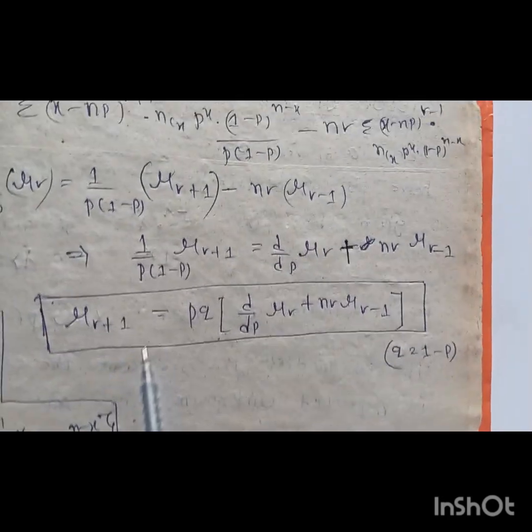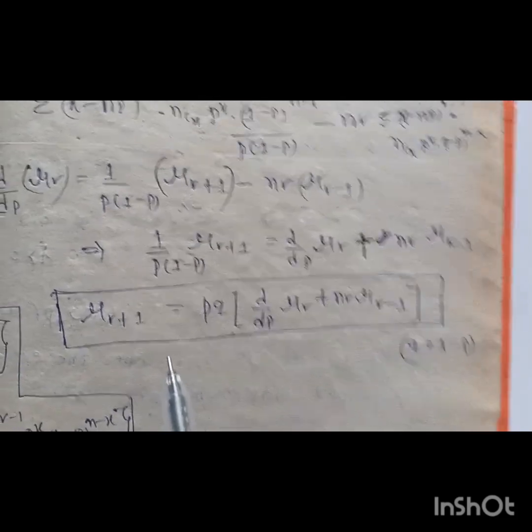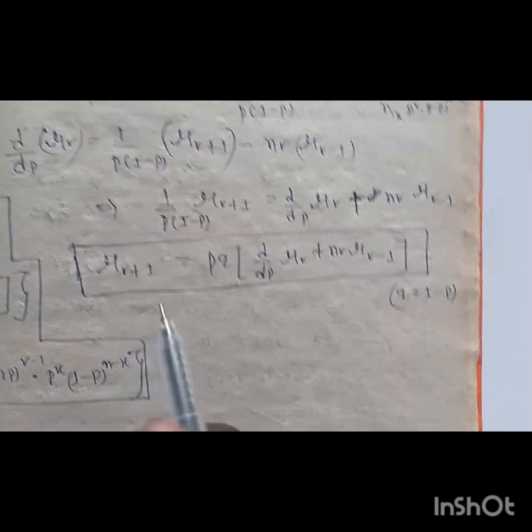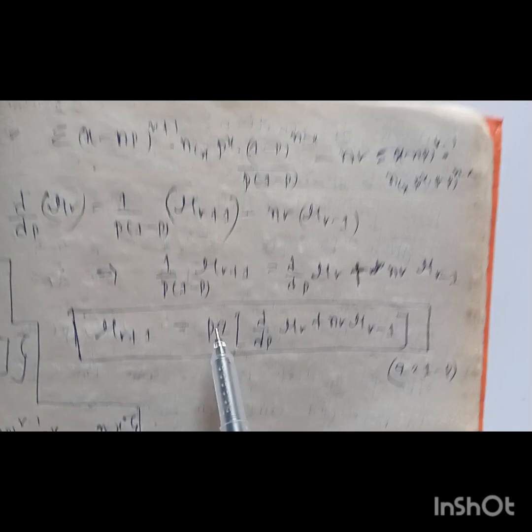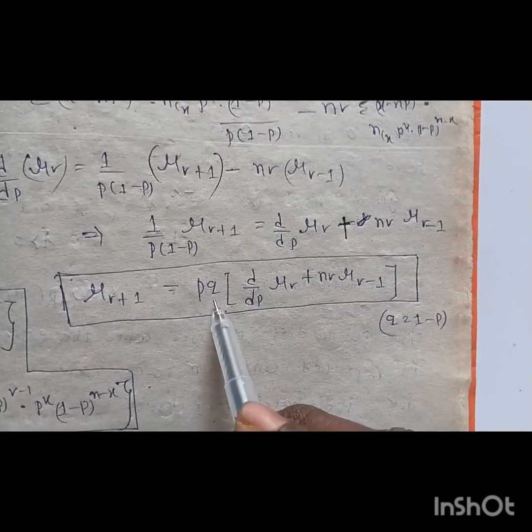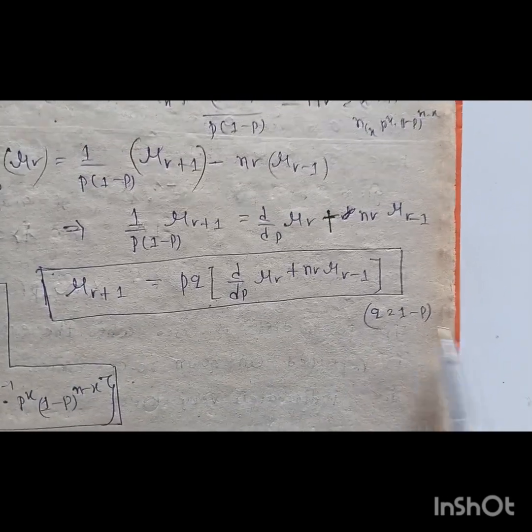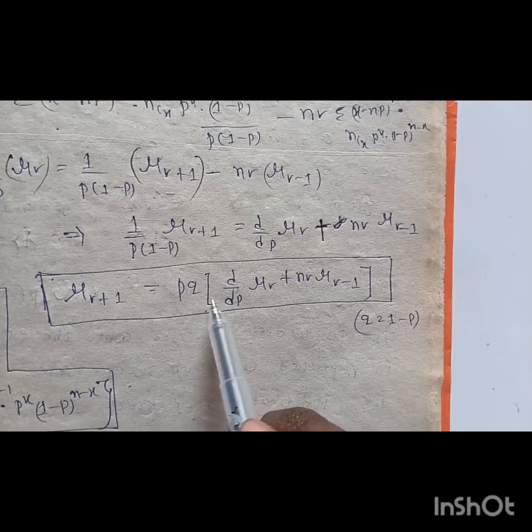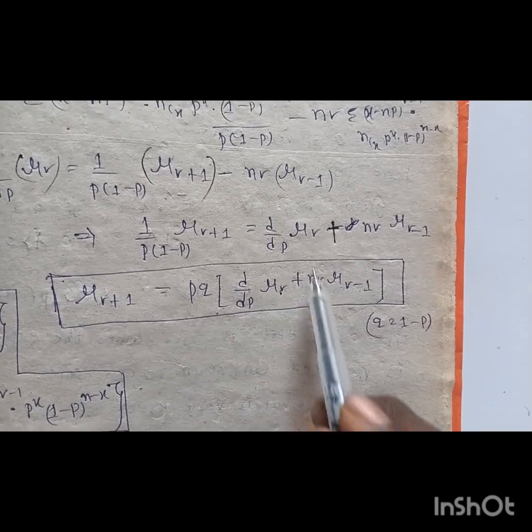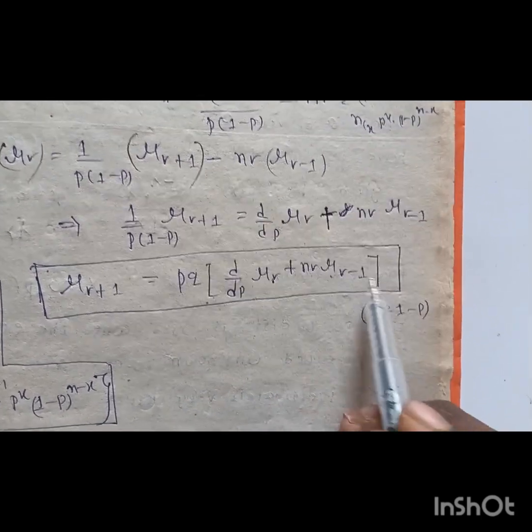Which means mu r plus 1 is equal to p into q, since q equals 1 minus p. So mu r plus 1 equals pq of d by dp of mu r plus nr into mu r minus 1.